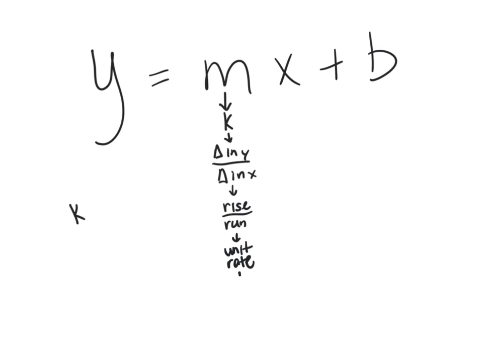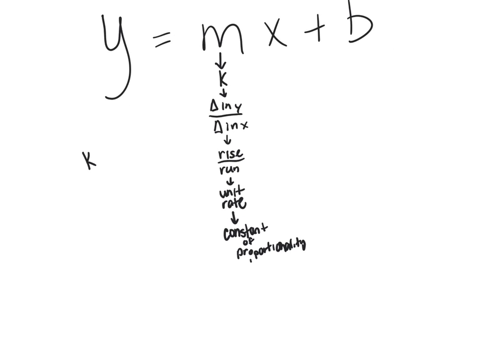Okay, so unit rate, we're going to say constant of proportionality. Okay? And then we're going to say its rate of change. And whatever else we come across that I say, oh, the big thing that we really need, it is slope. Okay?